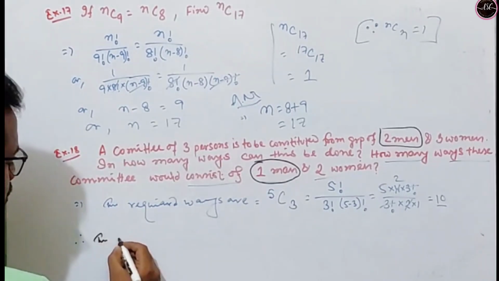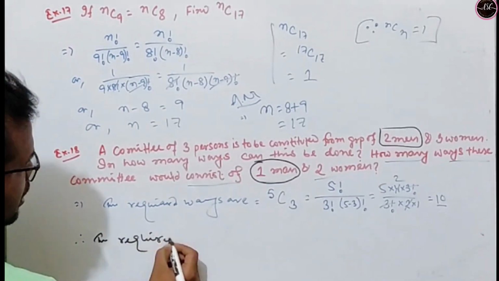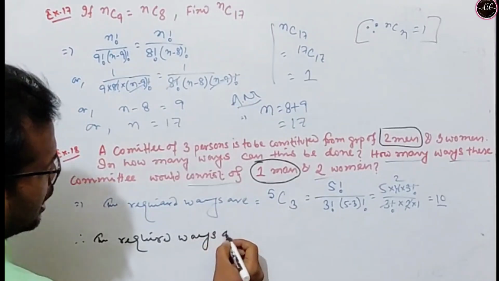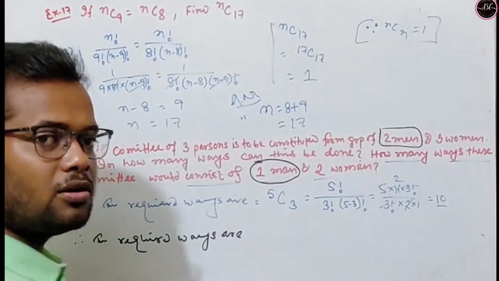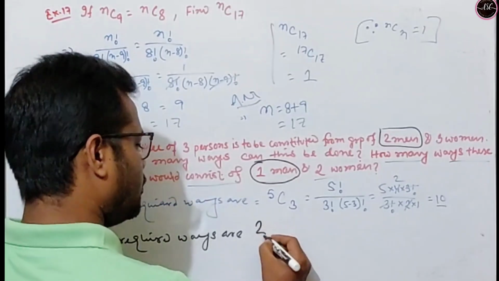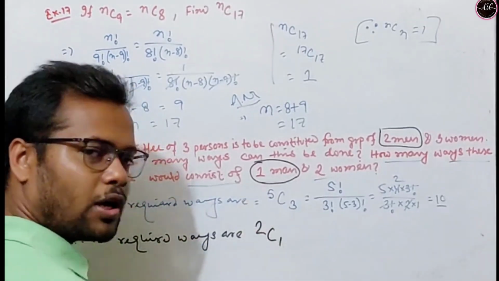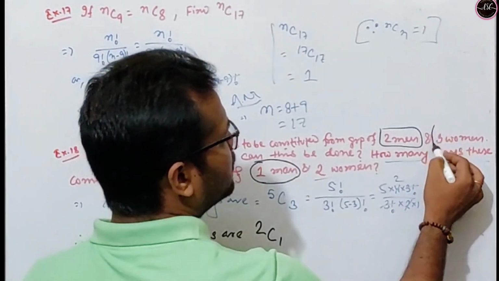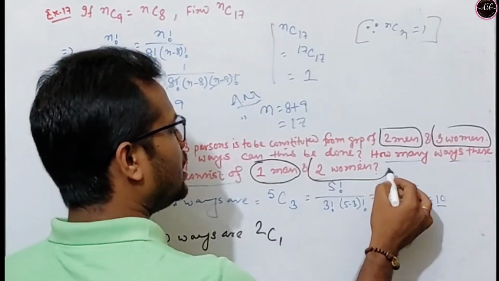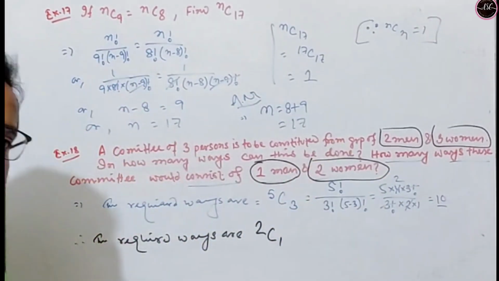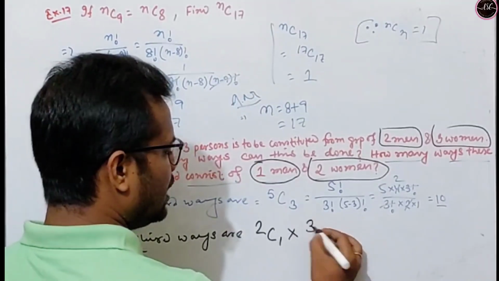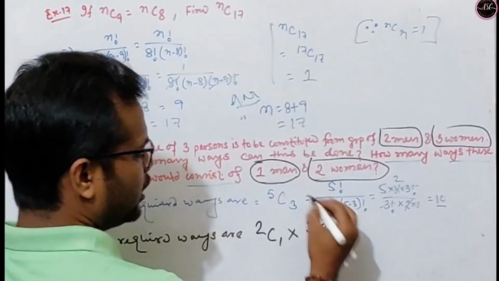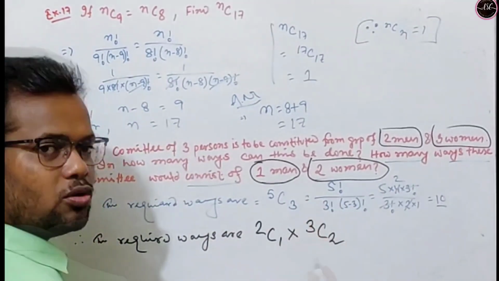Therefore the required ways: when 1 man is selected from these 2 men, we get 2C1. And from 3 women, 2 women can be selected. So this can be selected in 3C2 ways. So just multiplying these to solve this.